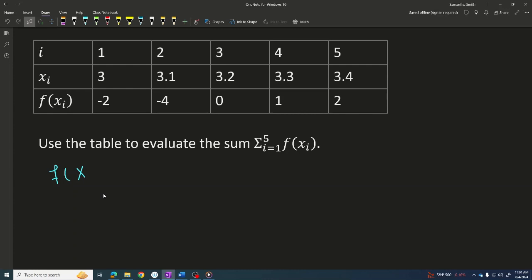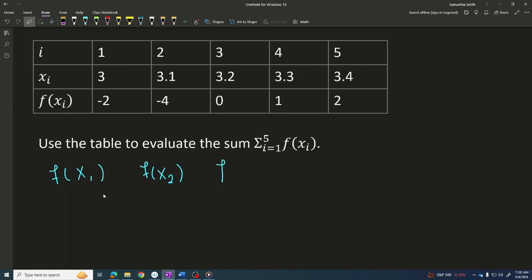Now, in the expression given to me here on the right, the i value is a subscript. So the first thing I would do is plug i equals 1 into this subscript position and use that to replace the i there. Then the next thing I would do is replace i with its next value, 2, and I'm replacing it in the subscript because that's where i appears in this exercise.